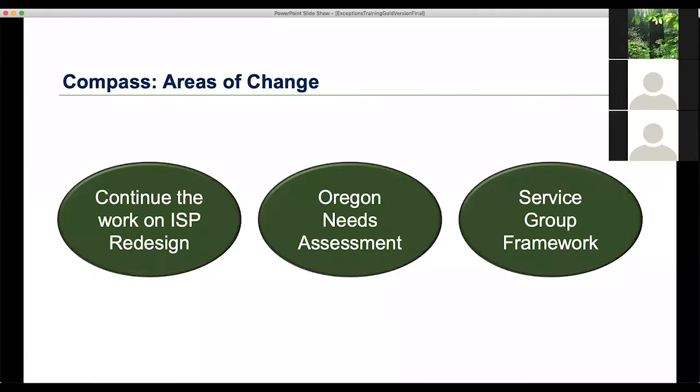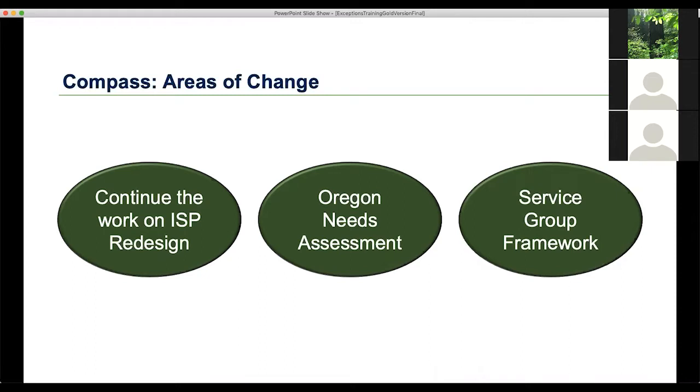And then I would say this middle one is probably one of our most preliminary components that's going to continue forward, and that's our needs assessment. That's the one assessment tool for everybody that has that person-focused design, really focuses on support needs, aligns supports with people's needs and matches them up, and also provides portability between services.